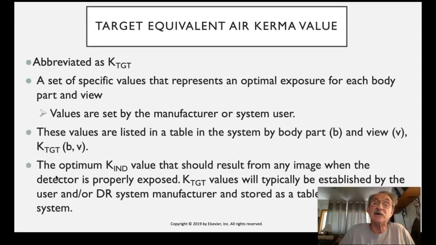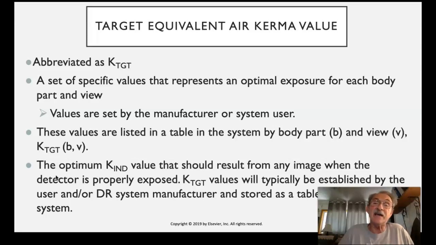And then the target is a set of specific values that represents an optimal exposure for each body part and view. This is probably the standard that is inherently built into the lookup table. The lookup table has a certain expectation of how much exposure we will have.